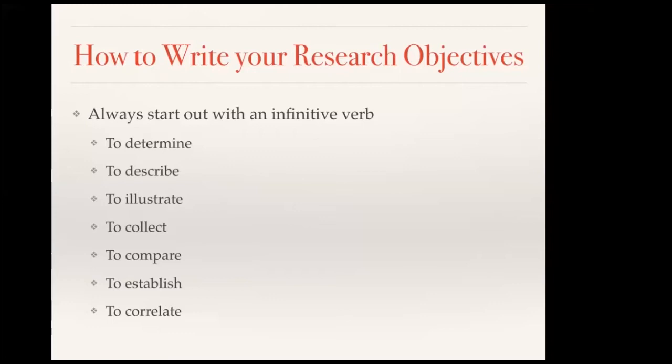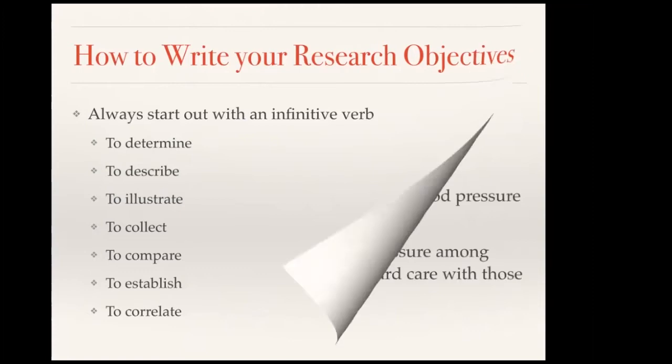And then in other studies, like in case control, where you want to see if there is an association between two factors, you can try to establish or to correlate. So these are examples to start out your research objectives.